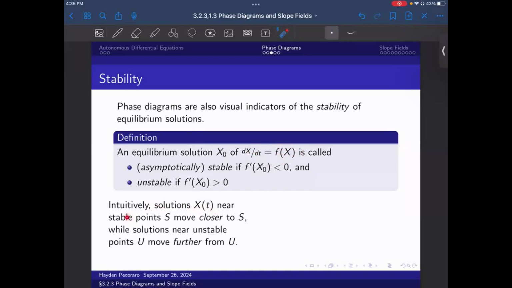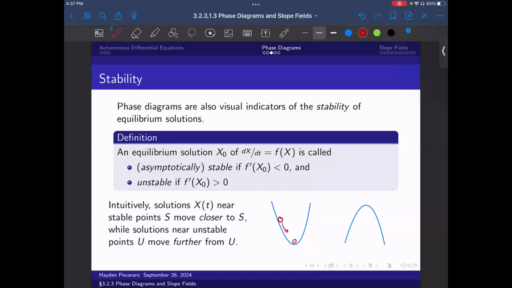So the idea is that solutions nearby to a stable point move closer to it, while solutions near unstable points move further away. And there's sort of an analogy that we can put in here, is that stable points are sort of like valleys, and unstable points are like hills. If I put a ball inside of a stable point or nearby to a stable point, it wants to get closer, right?